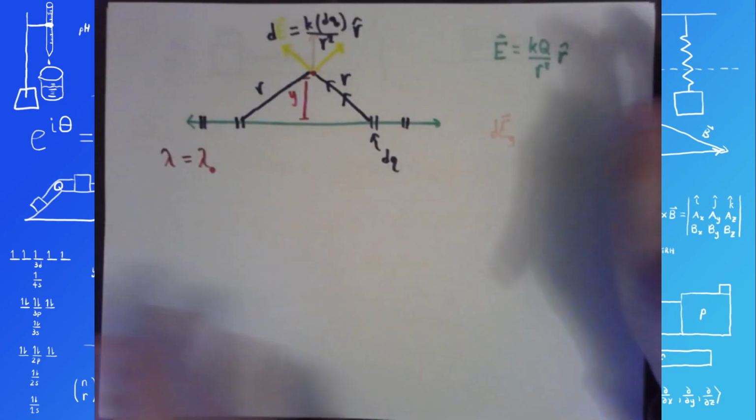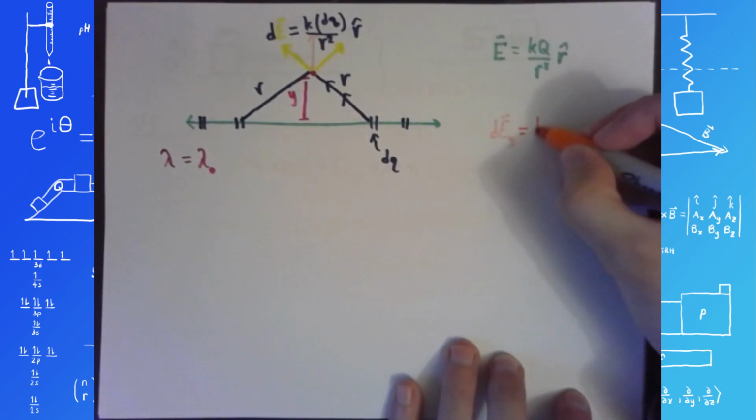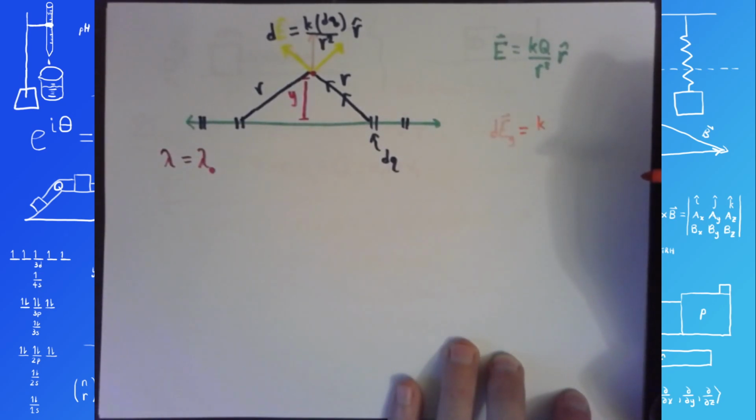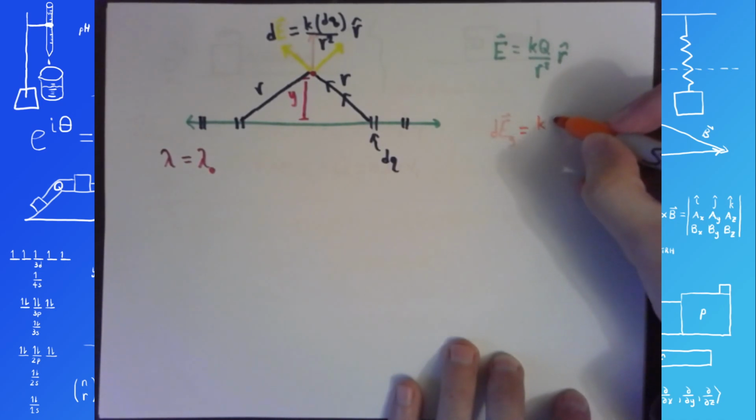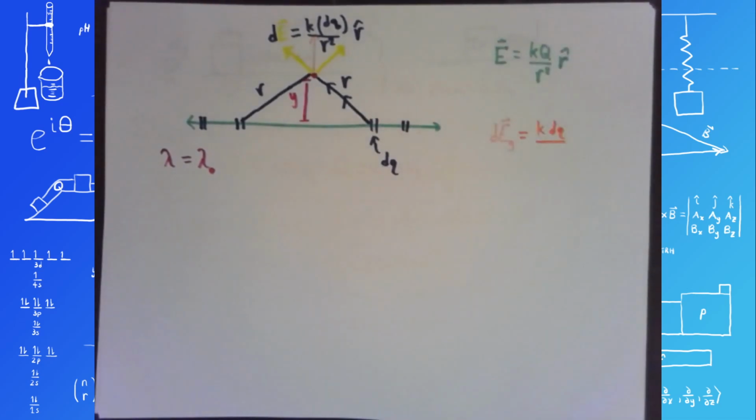So we're still going to use Coulomb's constant, K. And it's still going to be based on the amount of charge dq. However, the distance is going to be different.